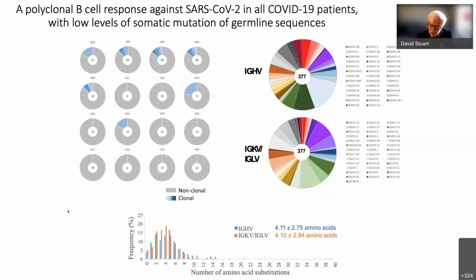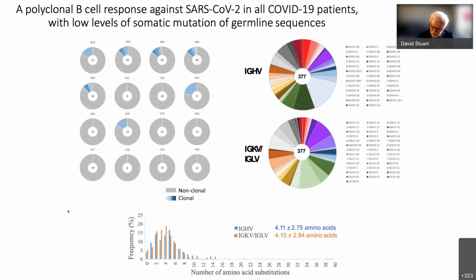So if we look at that set of 377 antibodies, they really show that there is a polyclonal B cell response against this virus in these convalescent patients. One of the things that was immediately obvious was that the number of somatic mutations in general was rather low.